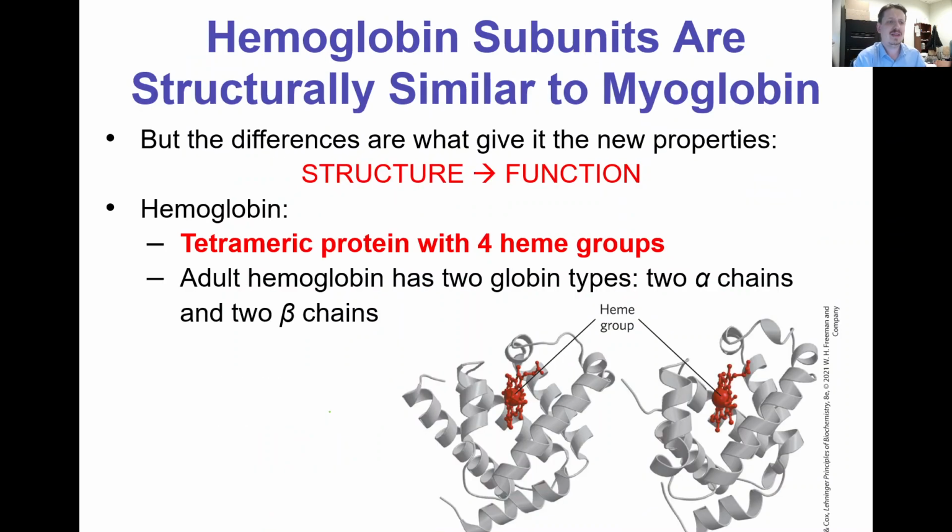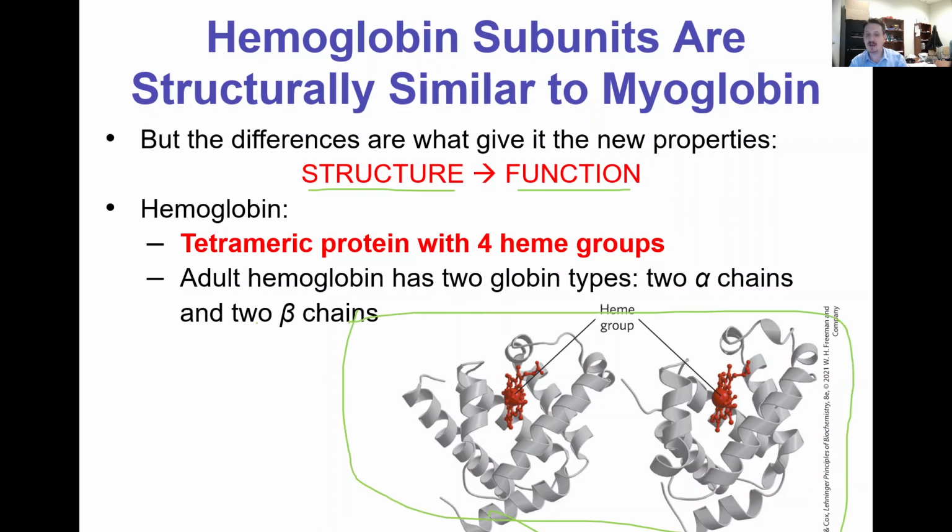Now, like I said, the trick is that there's a key difference between myoglobin and hemoglobin, which will cause this to happen. And this is related to structure equals function. There's a difference in structure, which is causing a difference in function between oxygen grabbing and oxygen letting go. Myoglobin and hemoglobin, as you can see, look fairly similar to the eye.